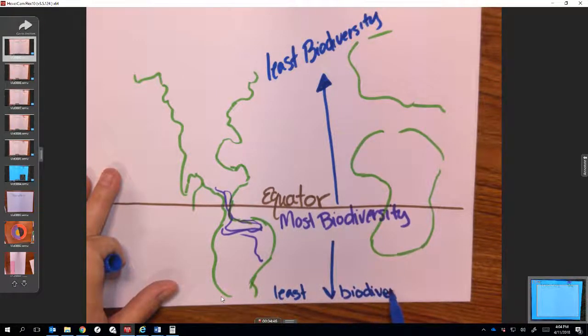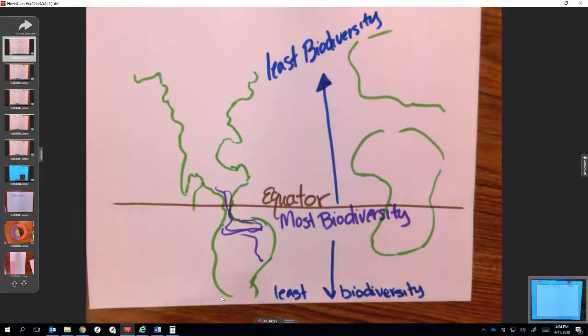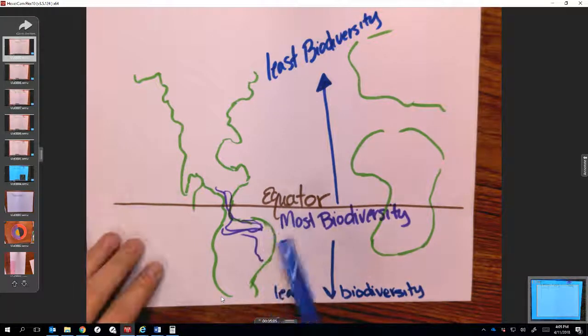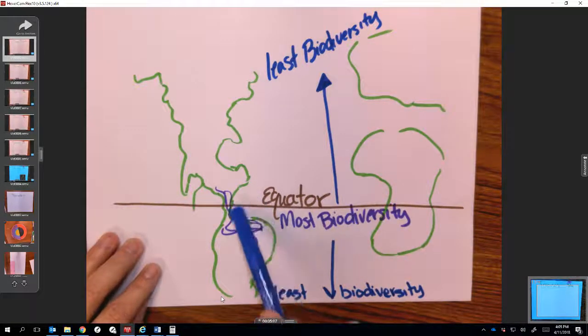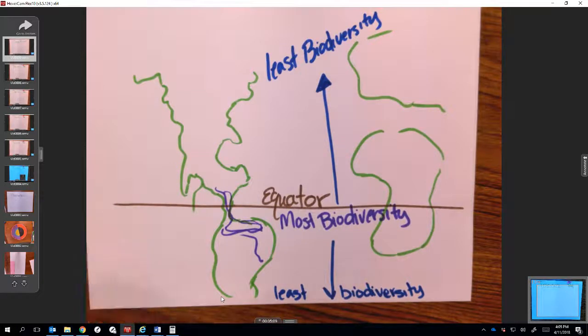So if you think about what you know about the organisms that live in these areas, there's not very many. Just thinking off the top of your head, you might think of whales, different types of whales, some krill, penguins maybe.